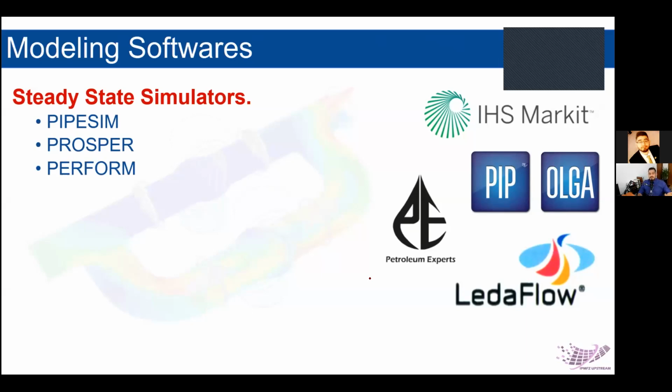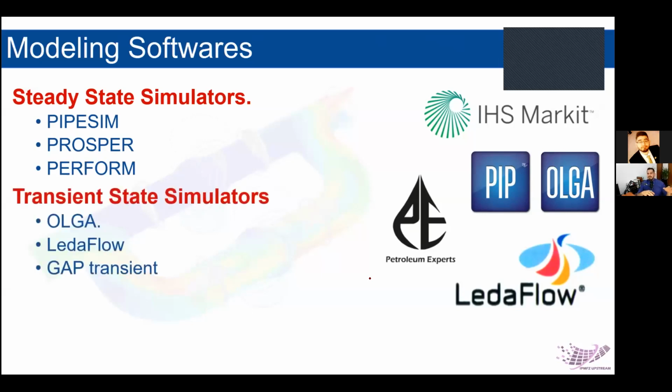And these are Pipesim and Prosper, Perform, and even GAP to some extent does that. And then you have the other type, which is the dynamic or transient state simulators like OLGA, LedaFlow, GAP Transient, and you have a new product coming to the scene called MEERA from Paradigm.